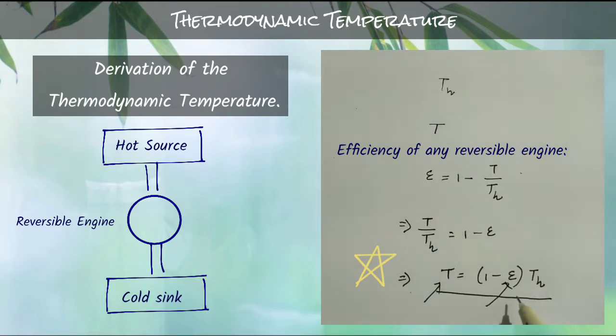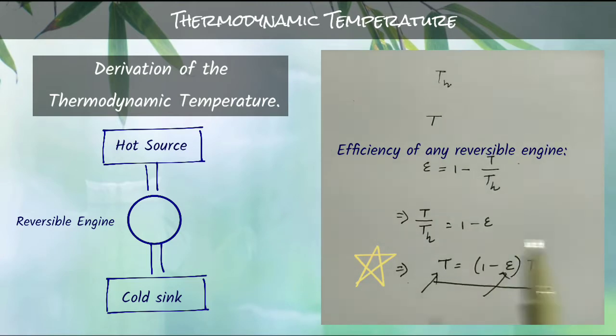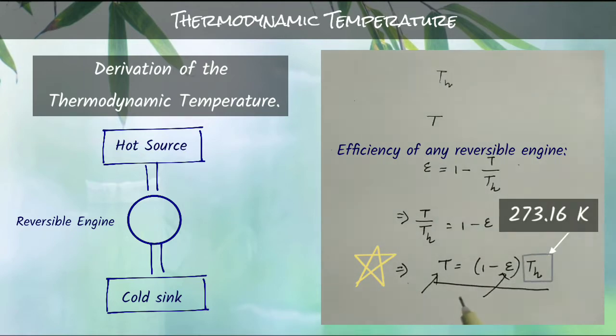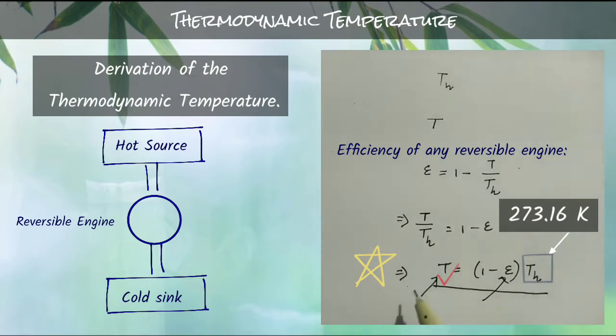So he set the triple point of water as 273.16 Kelvin, and used it as the temperature TH, and calculated the temperature of the cold sink by measuring the efficiency of the engine.